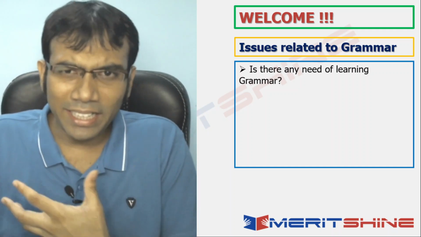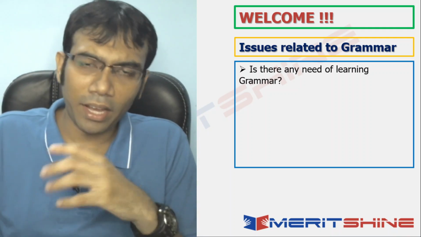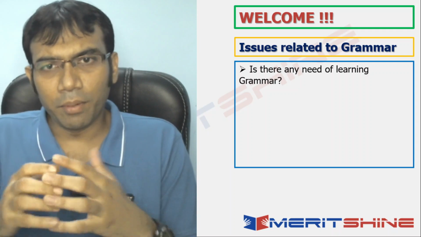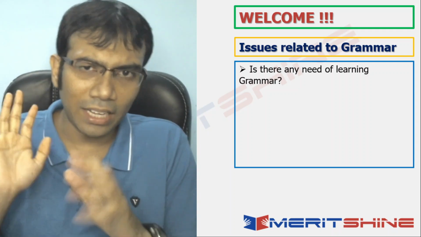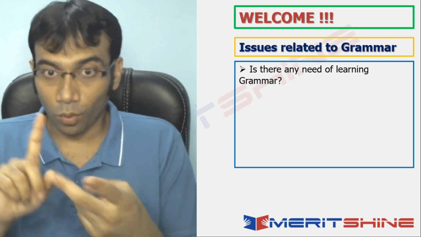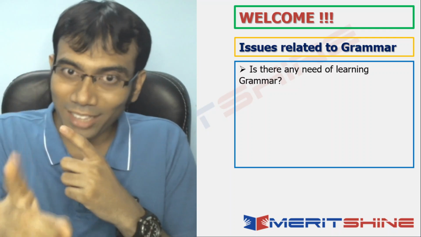Because I have been reading a lot, and from my past experiences, from my school life, I have a fair amount of control in grammar, and on the basis of that I answer grammar questions. So that is one segment of students who asks this question.